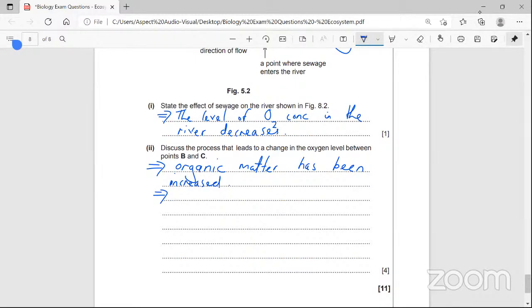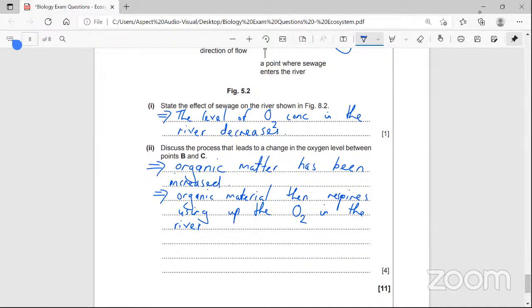Exactly. Your organic material respires. Remember, with organic material you're looking at all types of material, like bacteria, whatever is living there. So that respires, using up the oxygen in the river.